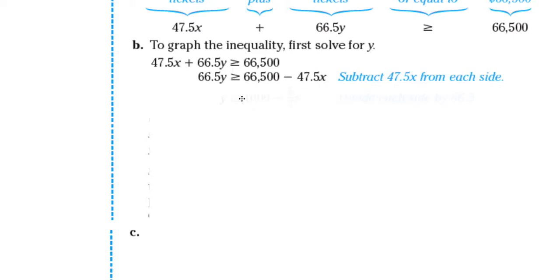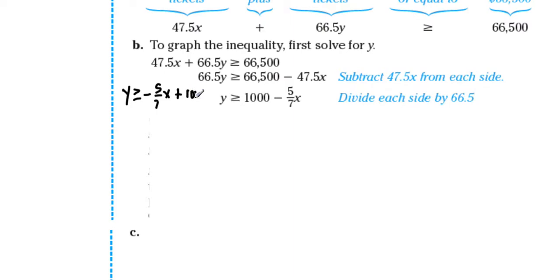And from there we divide both sides by 66.5, and end up with y greater than or equal to 1,000 minus 5/7 x. Or in y equals mx plus b form, y is greater than or equal to negative 5/7 x plus 1,000. So from there, we can graph it, and our y-intercept is 1,000.